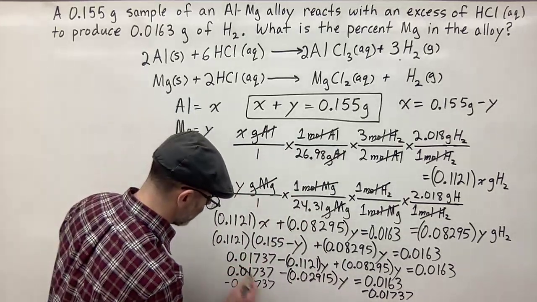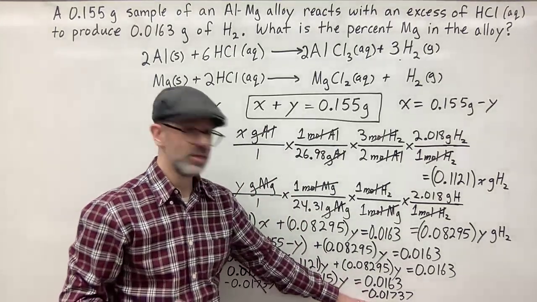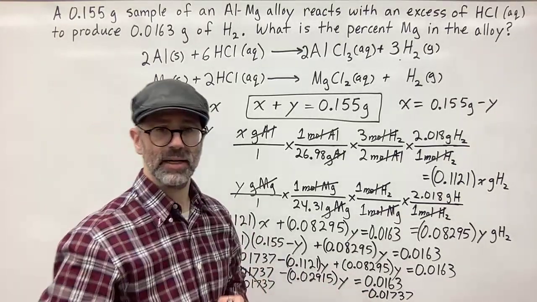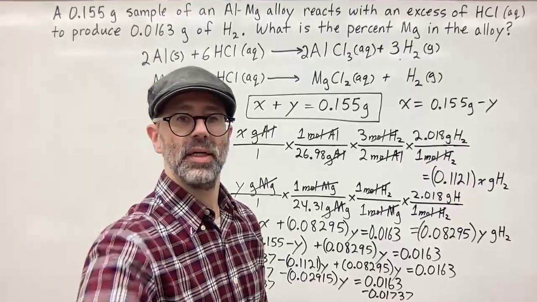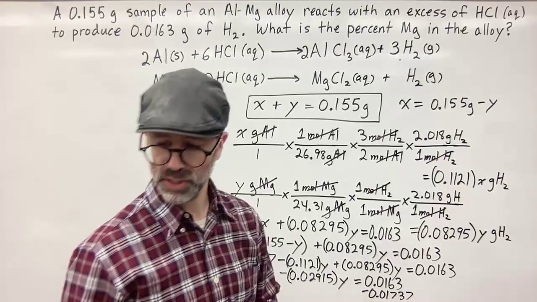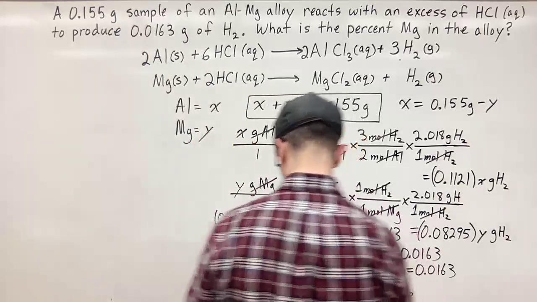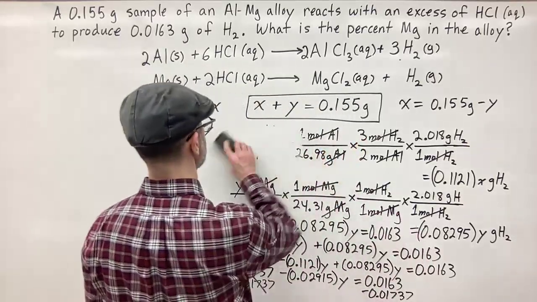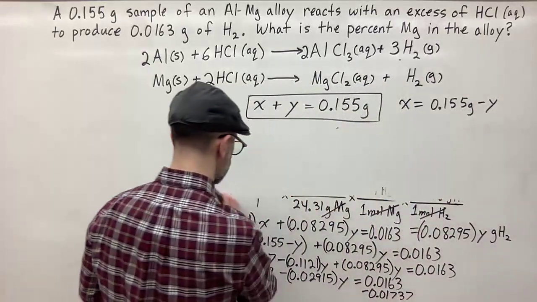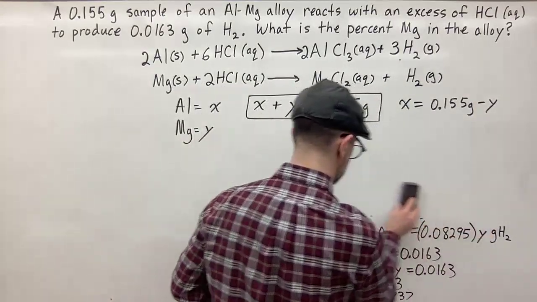So then these are going to cancel out. And then I'm going to subtract those two here. And when I do that, I get negative 0.00107. I'm going to erase this up here so that I have more room.